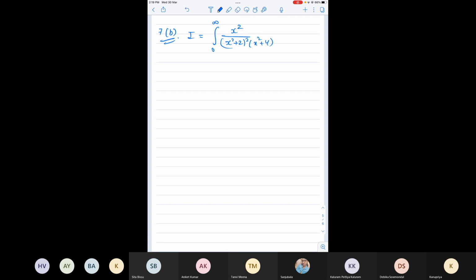Tanvi Meena. Tanvi, how can you change this integral from 0 to infinity to minus infinity? Tanvi, can you hear me?